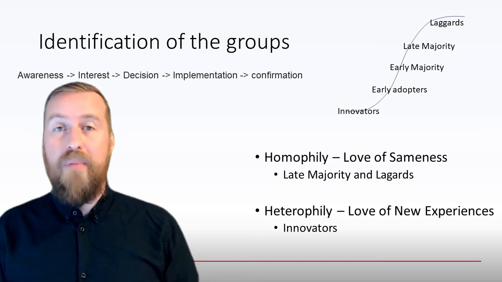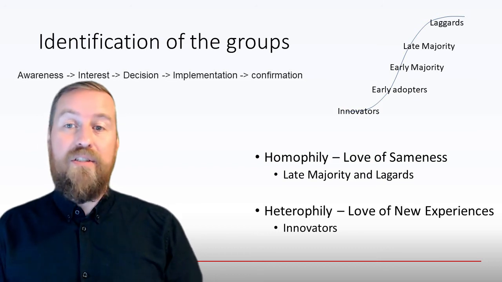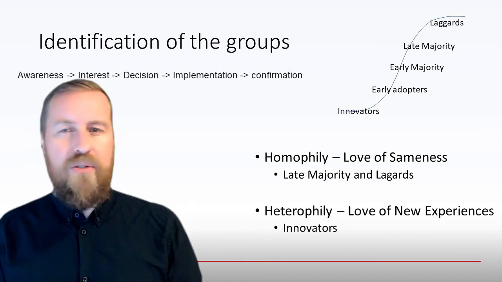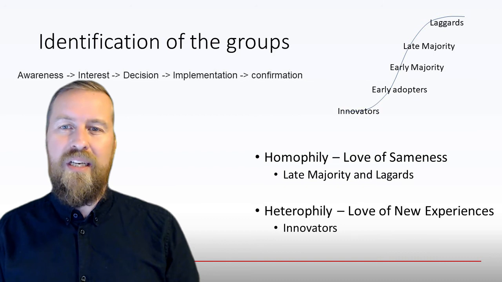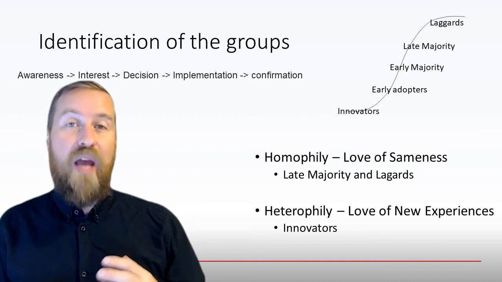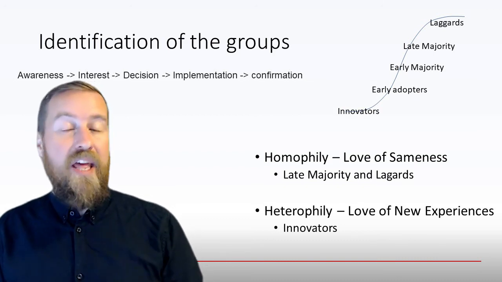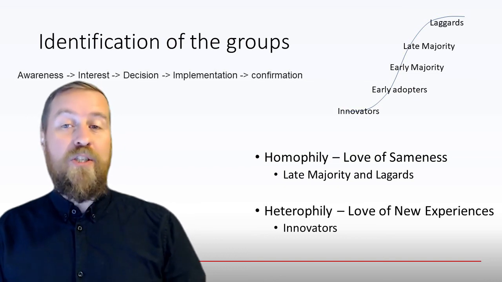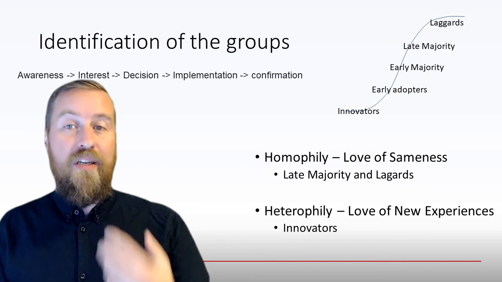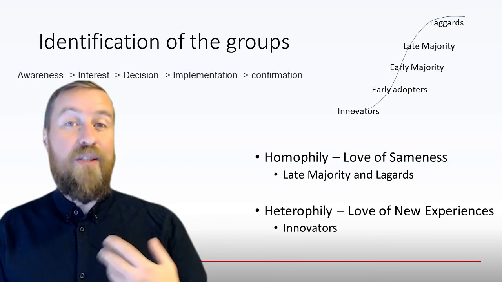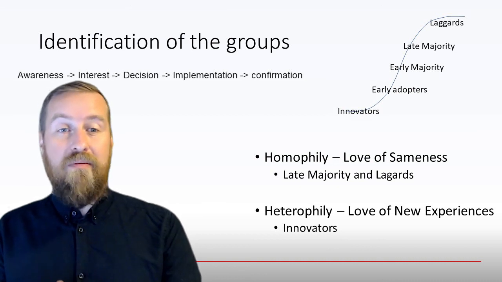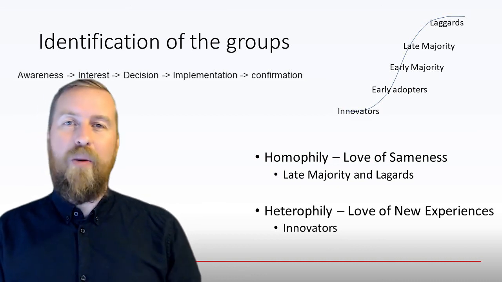Whereas my son loves new experiences and is a classic innovator, or to some extent early majority. He loves new experiences and is therefore possible to identify as one of them. So an innovator or an early adopter loving new experience, being aware of something or interested in something, there we have something that we can pinpoint.